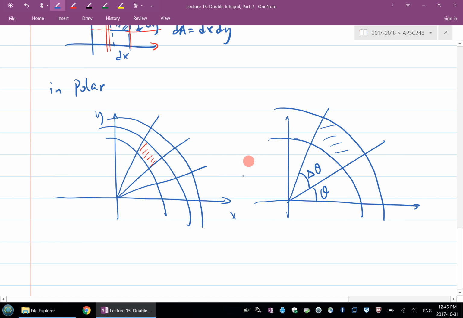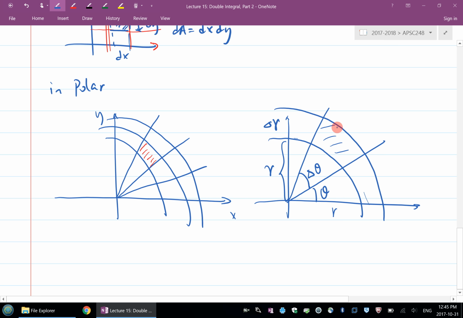And consider this is a circle, and this circle has a radius of r. So this is all circles, so this is r, this is r, this is r. And then you have a change of the radius from here to here, a delta r change. So instead of dx dy, now here we have a delta theta delta r.